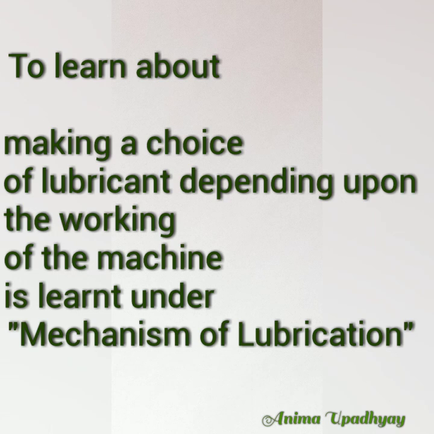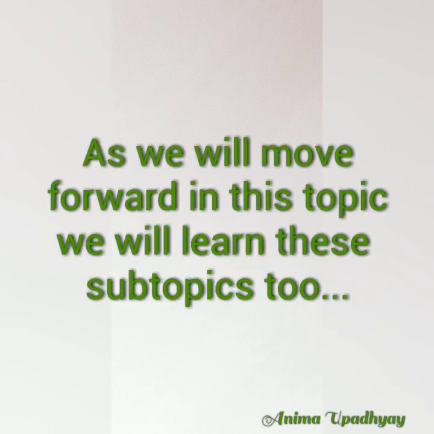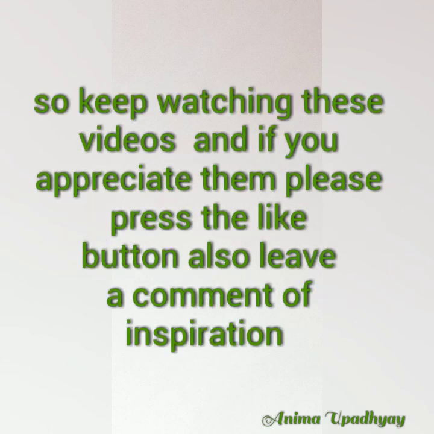Making a choice of lubricant depending upon the working of the machine is learned under mechanism of lubrication. Another important subtopic of lubricants is the properties of lubricants. As we move forward in this topic, in upcoming videos, we will learn about these topics.